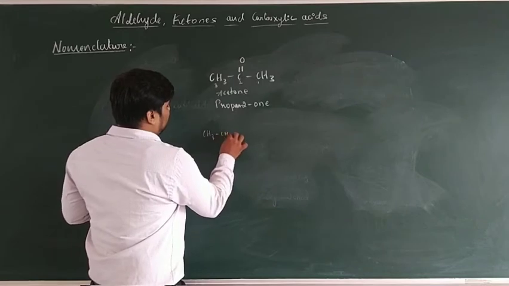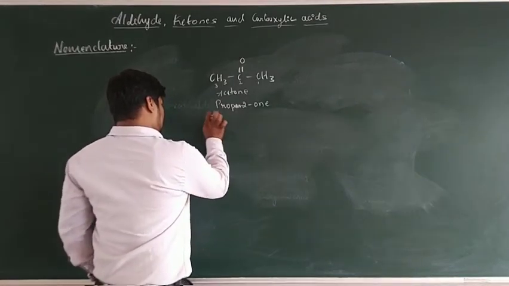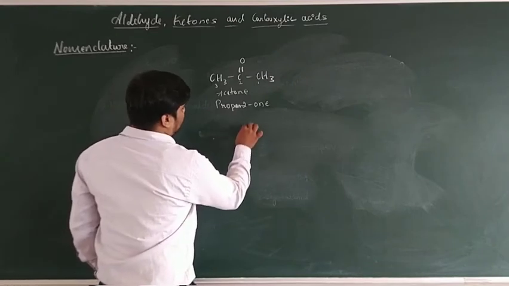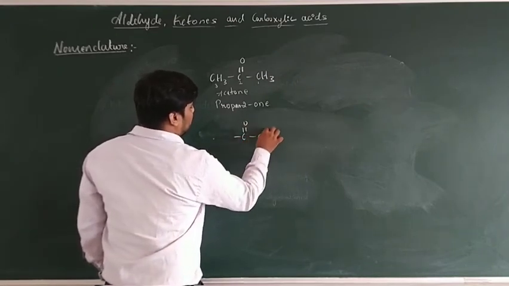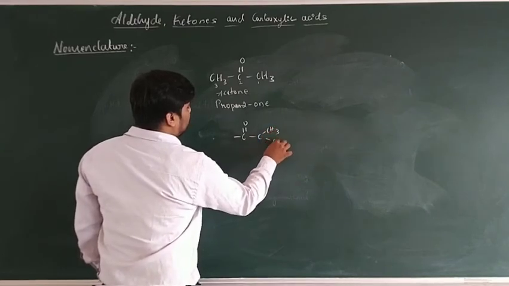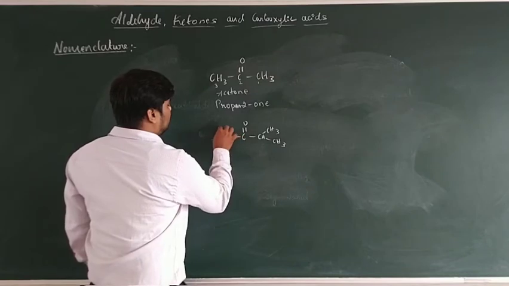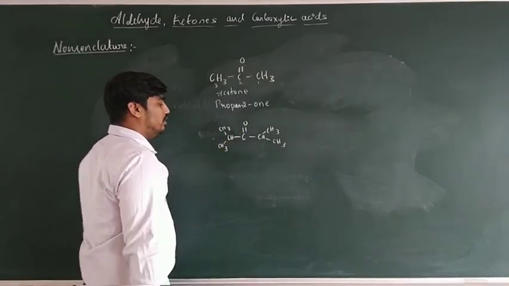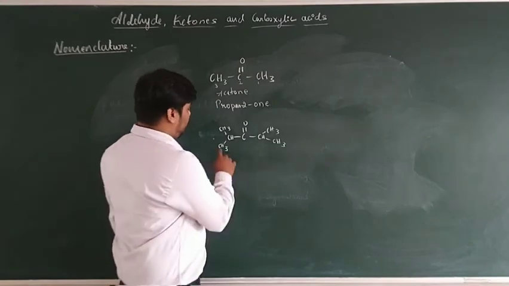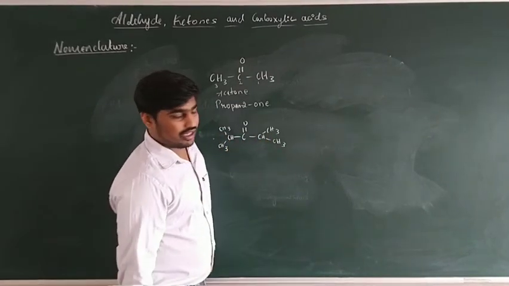Now consider CH3, CH2, CH, CO, CH3, CH3, CH, CH3, CH3. Then what is the name of the compound? 1, 2, 3, 4, 5, 6, 7. There are 7 carbons in the compound.